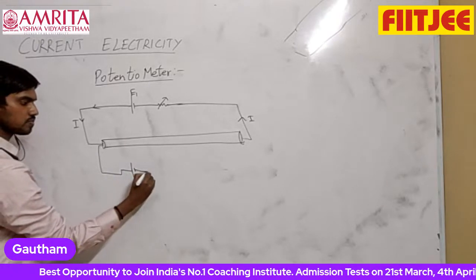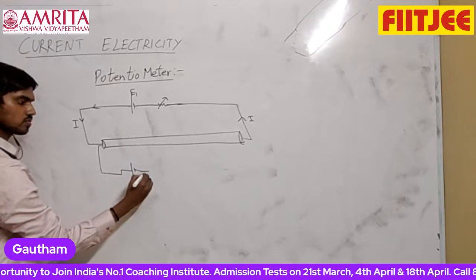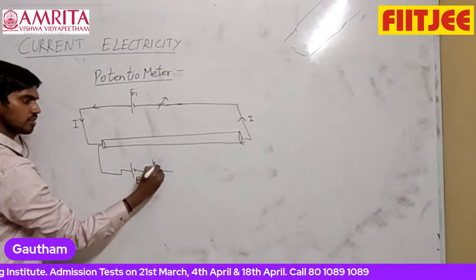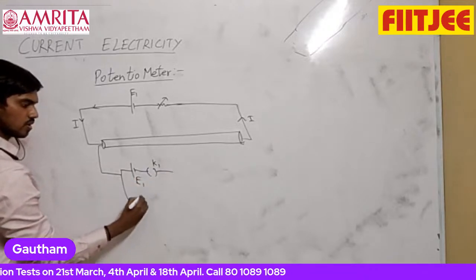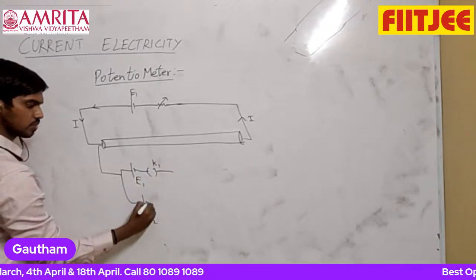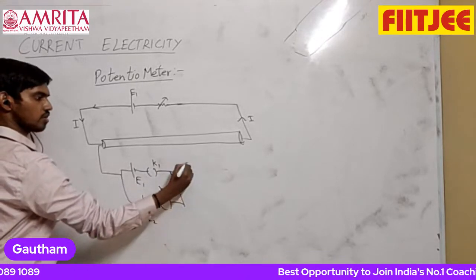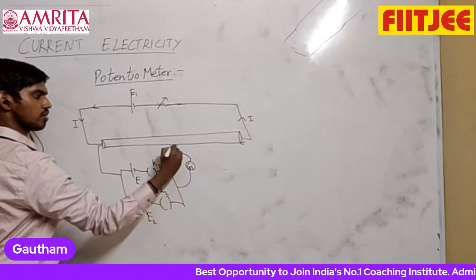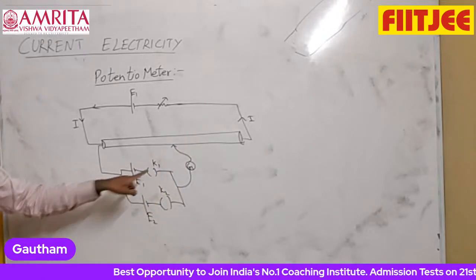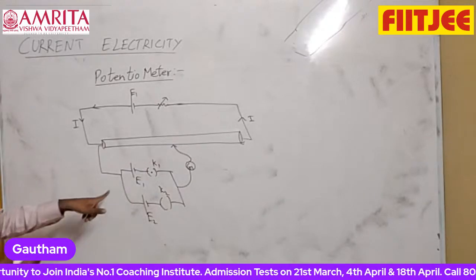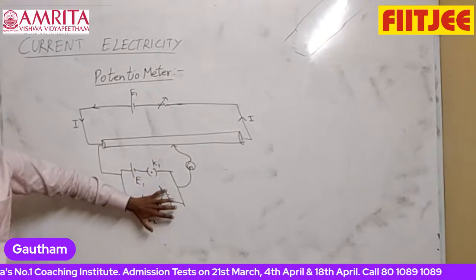So first, you connect one cell E1, right here some key will be there, and then another cell E2, another key will be there, and then you will connect to a galvanometer, and then you will try to fix any one key. If key 1 is fixed, then only this cell is connected. This is not part of the circuit.